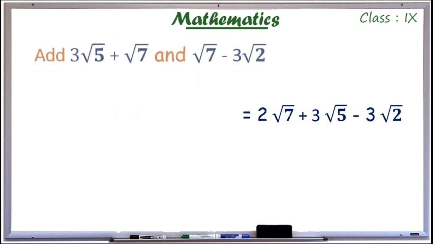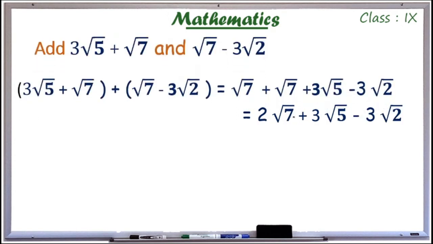Look into the another example. So here we are adding 3 root 5 plus root 7 and root 7 minus 3 root 2. So 3 root 5 plus root 7 plus root 7 minus 3 root 2. So the only term in common is root 7. Here root 2 is different and root 5 is different.